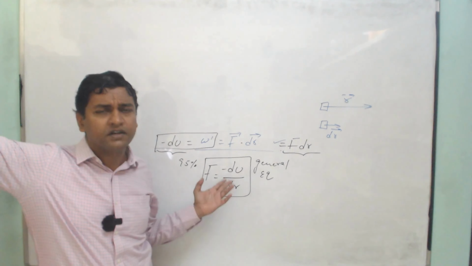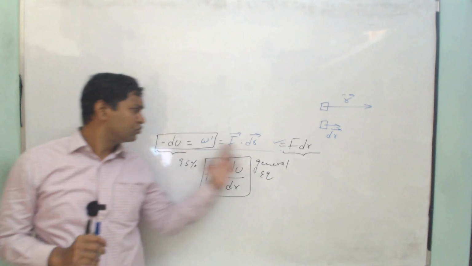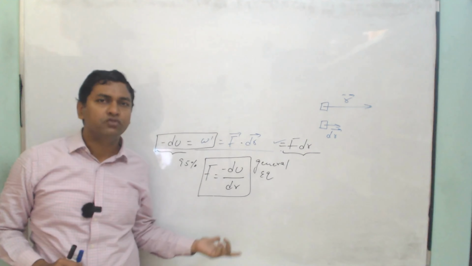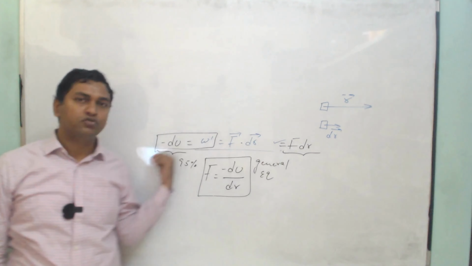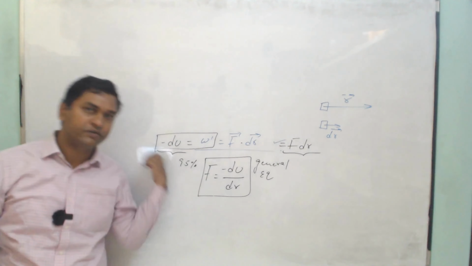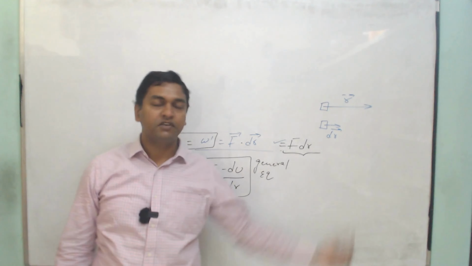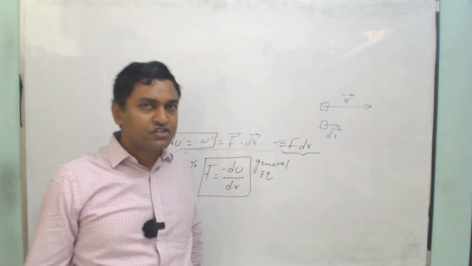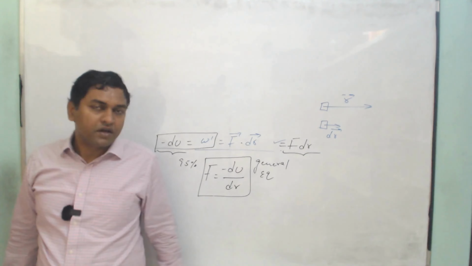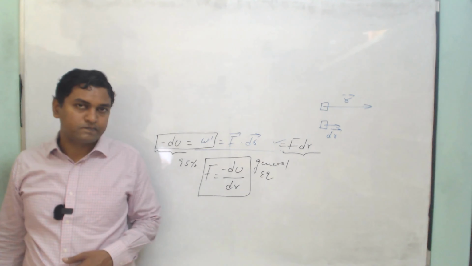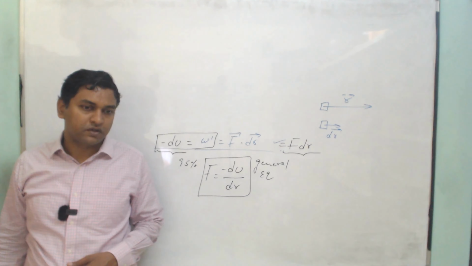You will not forget the minus sign because now you can write this by yourself, right? Work done is equal to F dr is equal to minus dU, therefore F is equal to minus dU by dr. If he gives U as a function of r, you will just simply differentiate with respect to r and get force. Yes, sir. Okay.